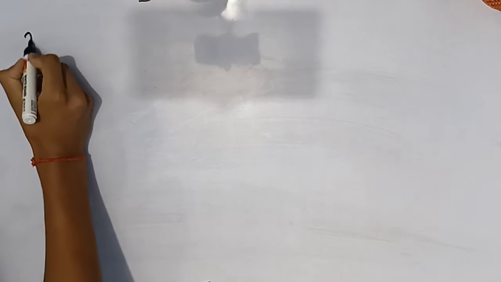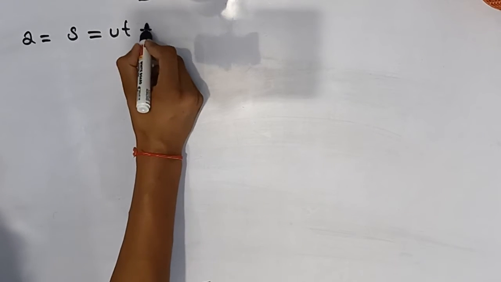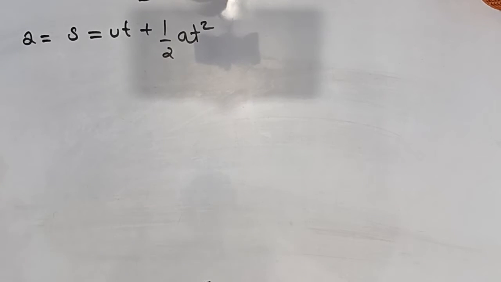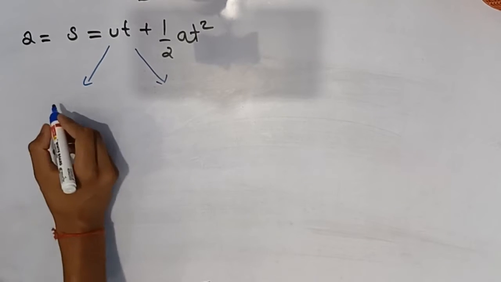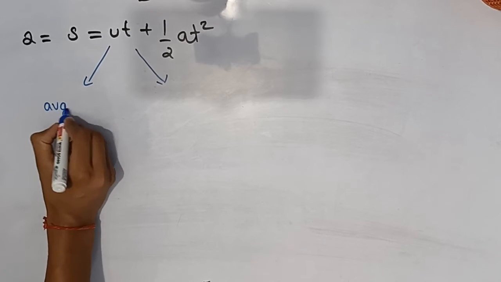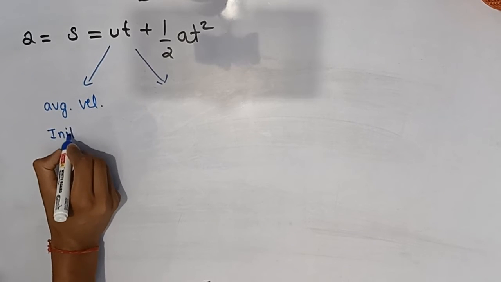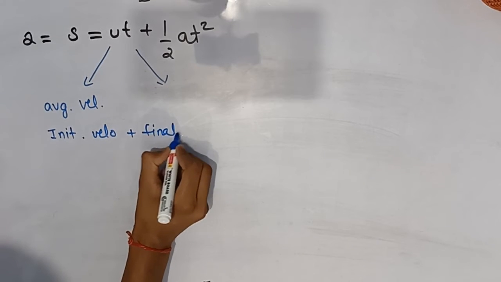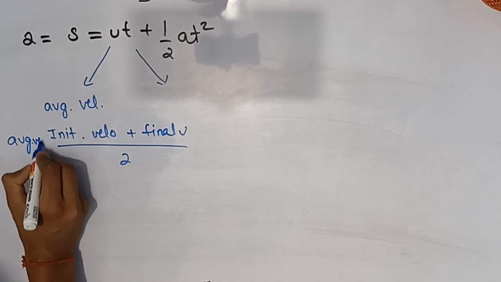Our second equation of motion is s = ut + 1/2 at². Now let's start the derivation of our second equation of motion. For this derivation, we need to take two formulas. First, the formula of average velocity, that is (initial velocity + final velocity)/2.